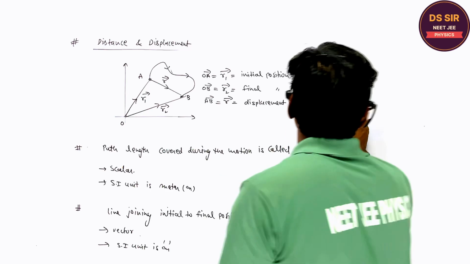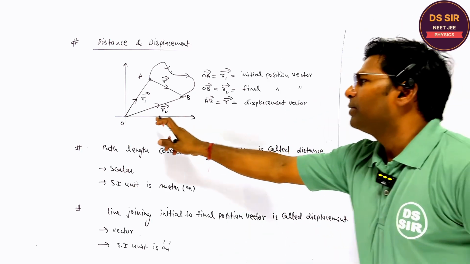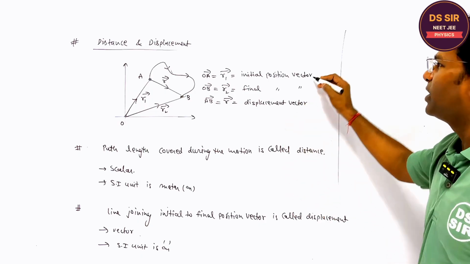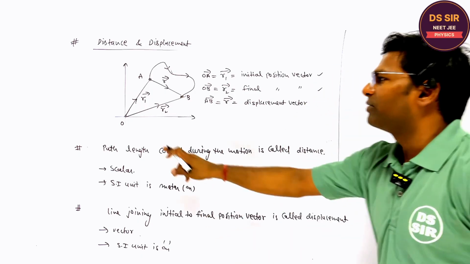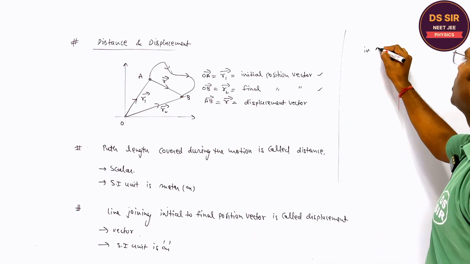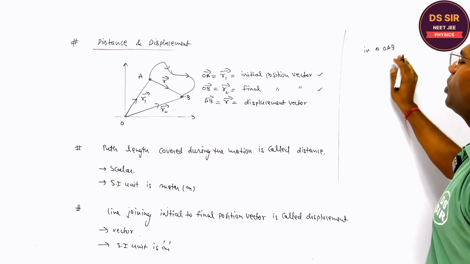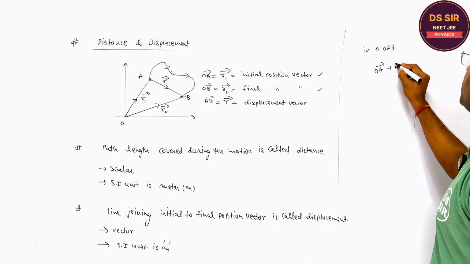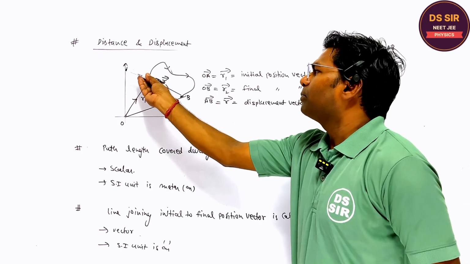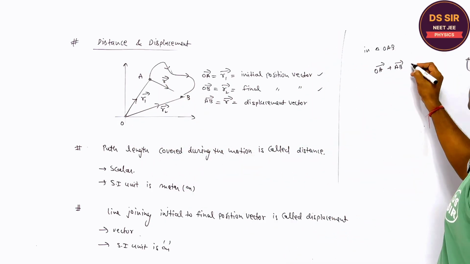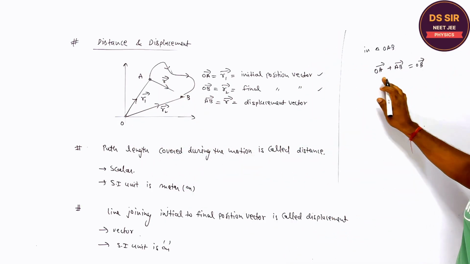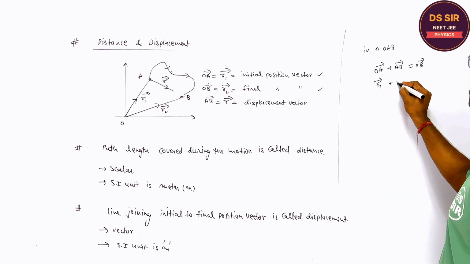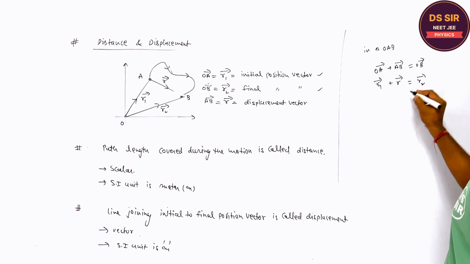Listen, one more thing. Some questions may be asked in this way. We have to find the displacement vector if the initial and final position vectors are given in triangle OAB. If you apply vector addition, OA vector plus AB vector is equal to OB vector. OA is R1, so R1 plus R is equal to R2.